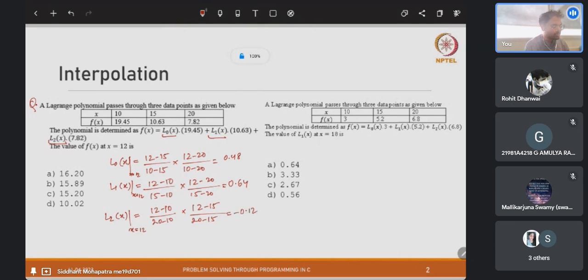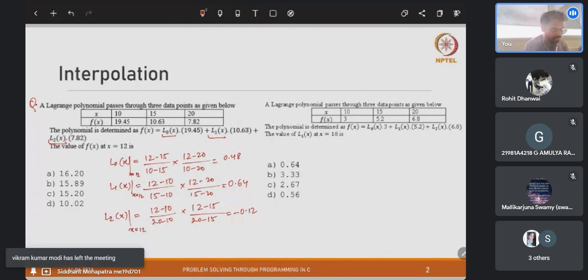So now if we substitute L0, L1 and L2 into this f(x), what do we get? Let us calculate that. 0.48 into 19.45 plus 0.64 into 10.63 plus 7.82 multiplied by minus 0.12.